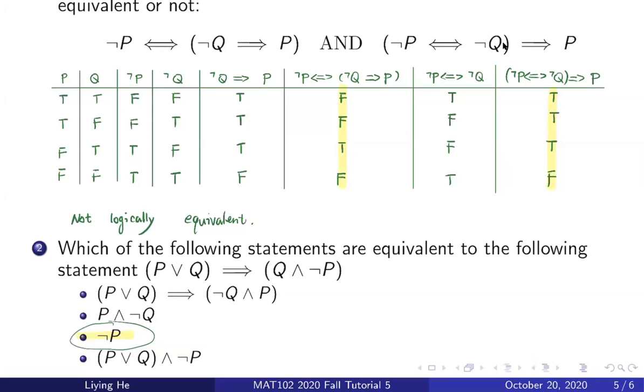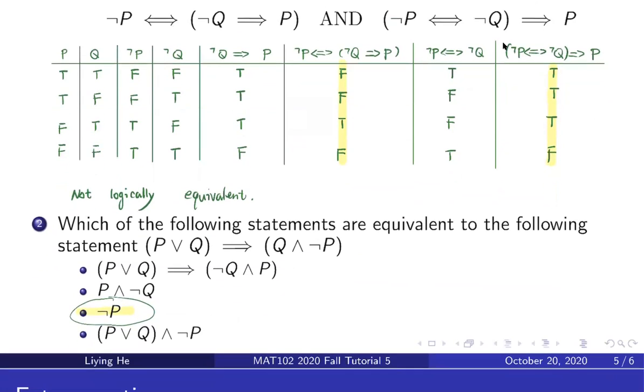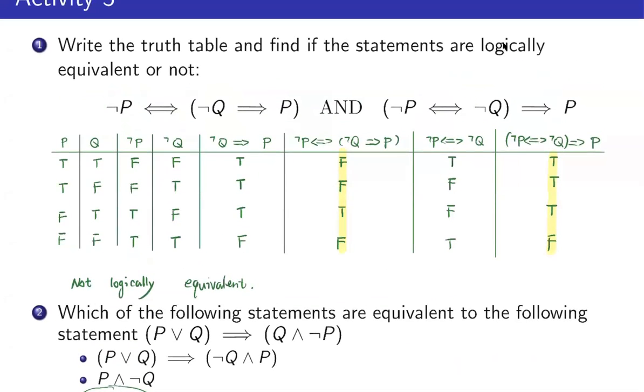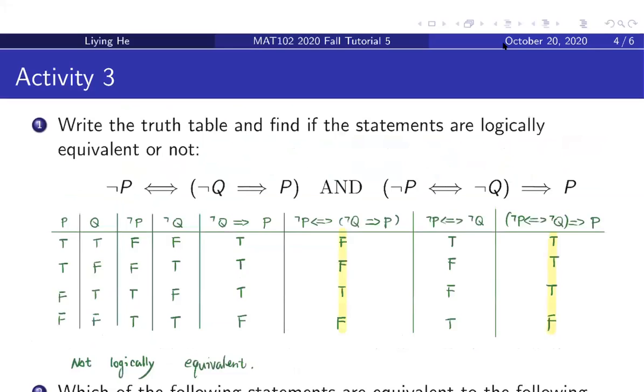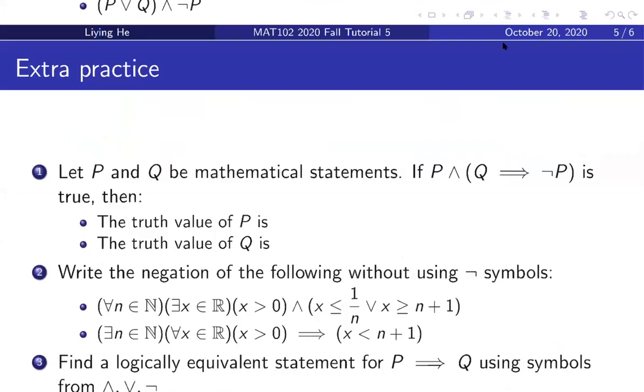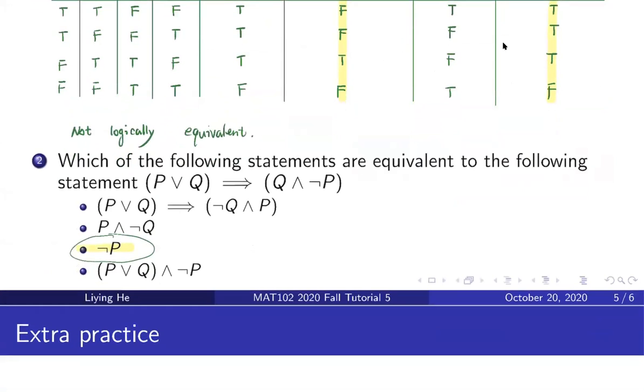Before we end the tutorial, I do want to talk a little bit about if and only if, okay? Because I don't want you to memorize everything. So let's write it here.